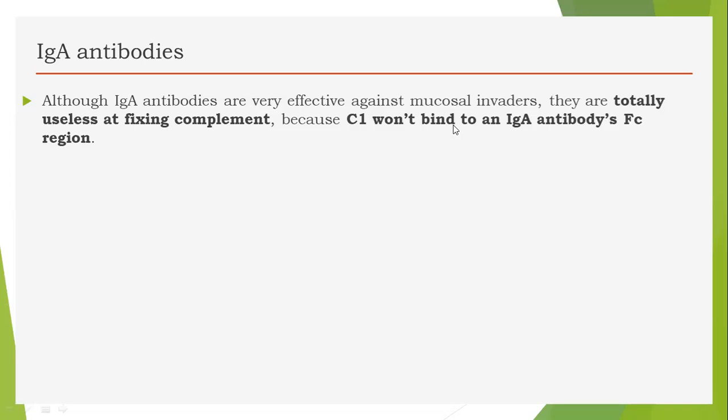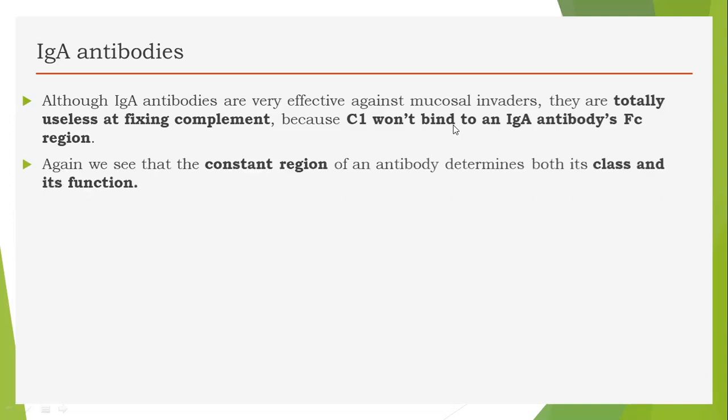Okay, very, very good question, and you need to remember that question. Okay, so we'll go back to the concept of immunoglobulins. And like we said, when we talked about immunoglobulins in our introductory classes, we know that the constant region of the antibody determines its class and its function.